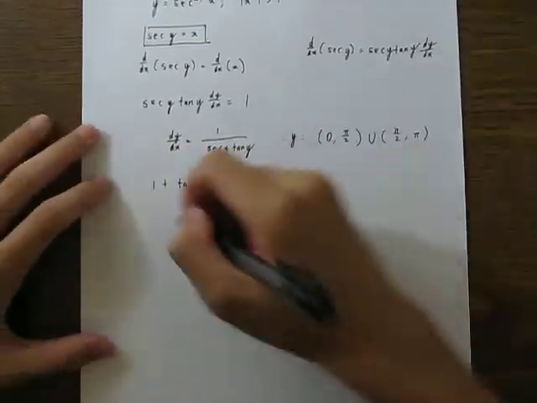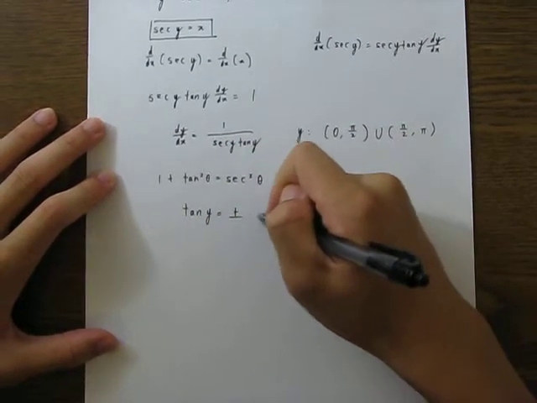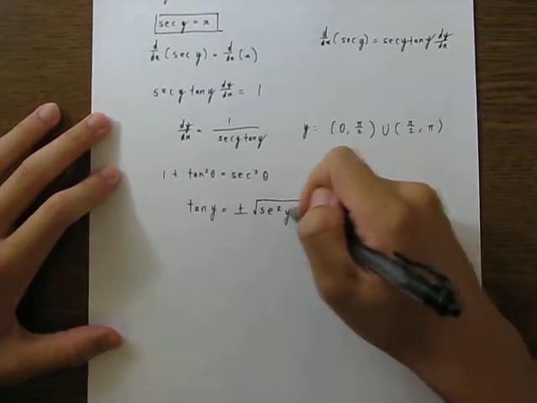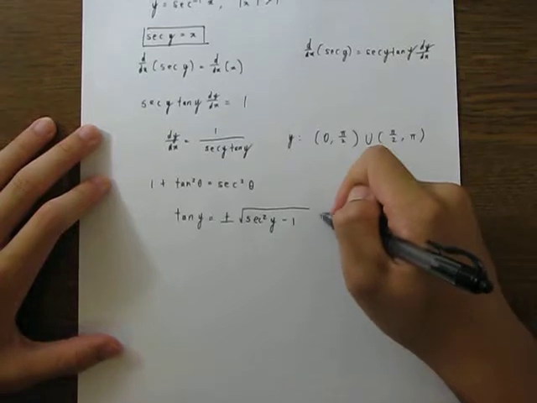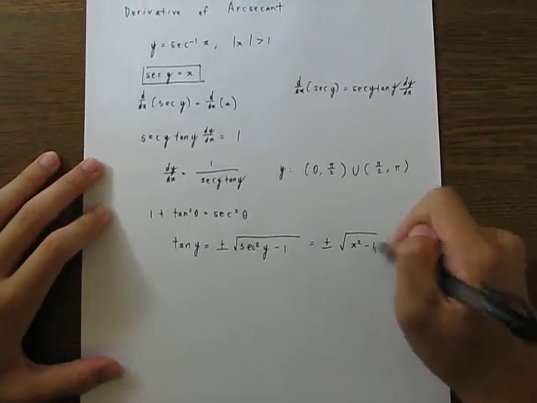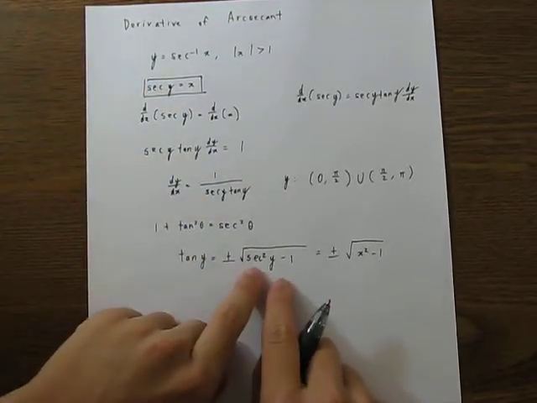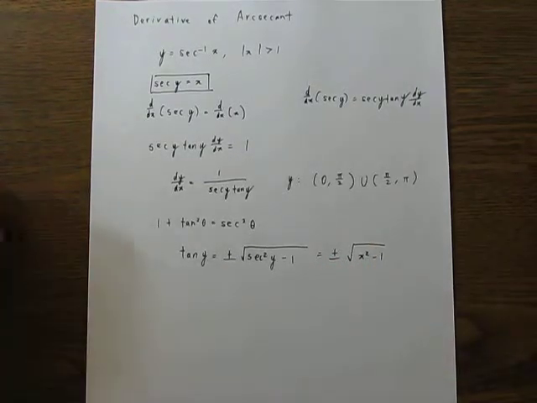And the other one is that tangent of y is equal to plus or minus the square root of secant squared of y minus 1, which is also equal to plus or minus the square root of x squared minus 1, because you simply substitute secant of y with x.